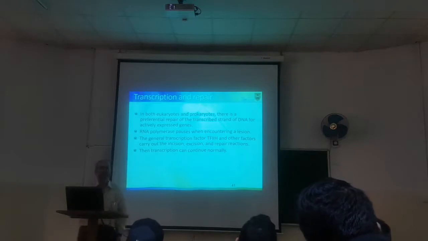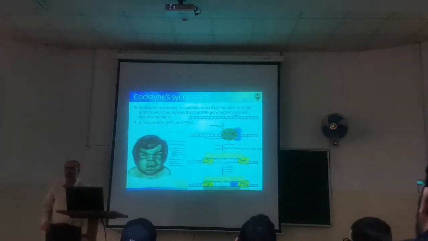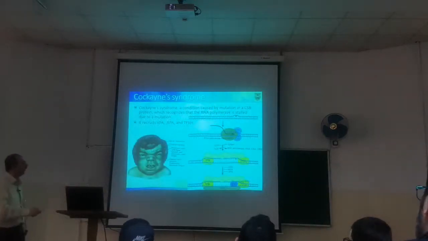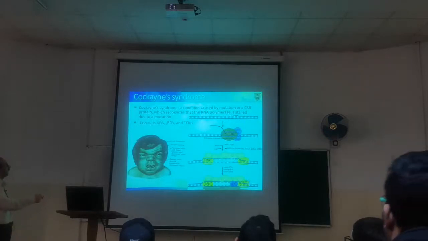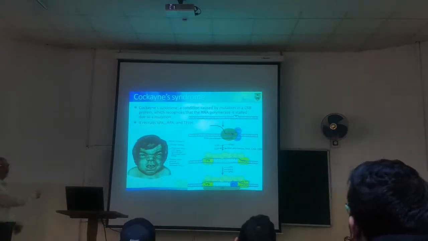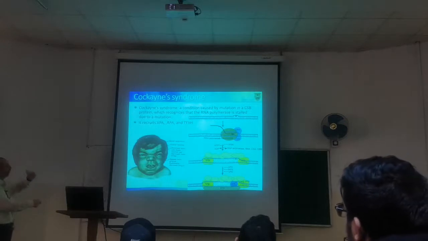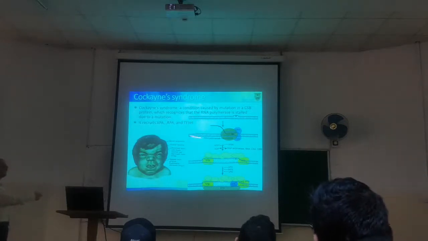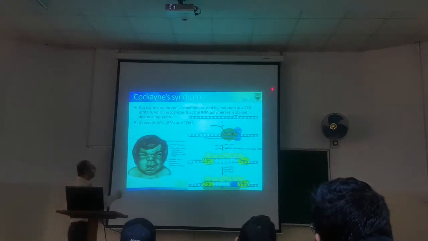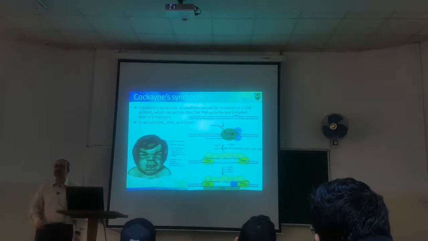The coupling of transcription and DNA repair is catalyzed by proteins known as CSB, as well as XPA, which we worked with before in xeroderma pigmentosum, as well as these two that we talked about before. Okay? Now, if you have a mutation in the CSB protein, that can lead to a certain condition known as Cockayne's syndrome.